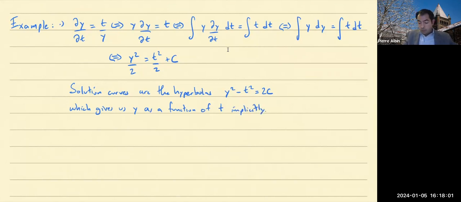Right? We can basically solve for y, although there is some ambiguity in the sign, right? So we'd end up with y of t is plus or minus the square root of t squared plus 2c.